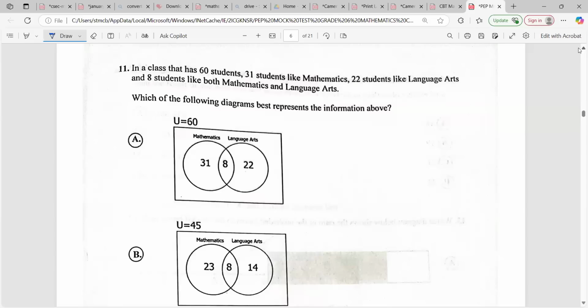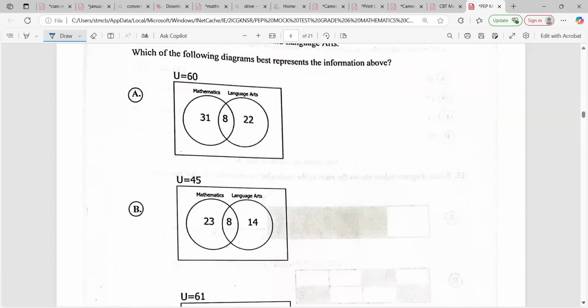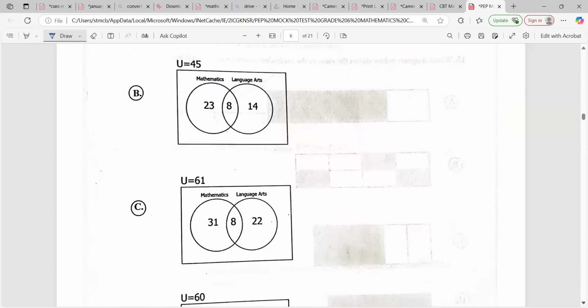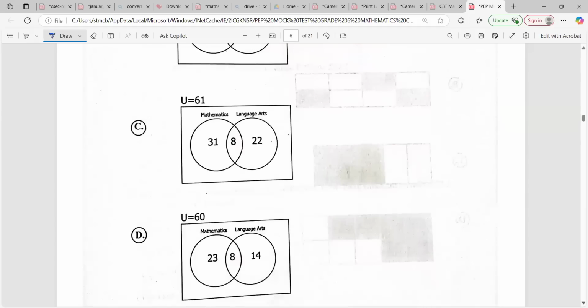Let me show you options C and D, and then I'll go back up, alright? You draw it for yourself, please.